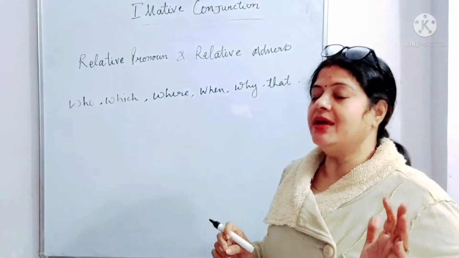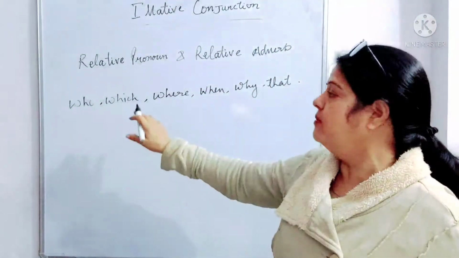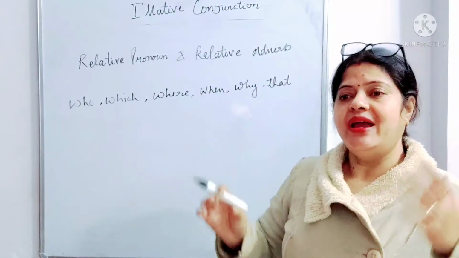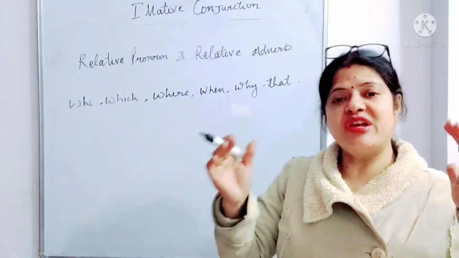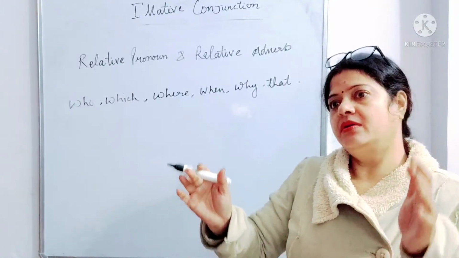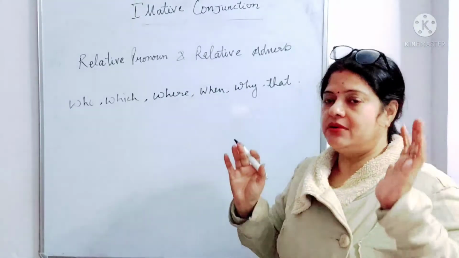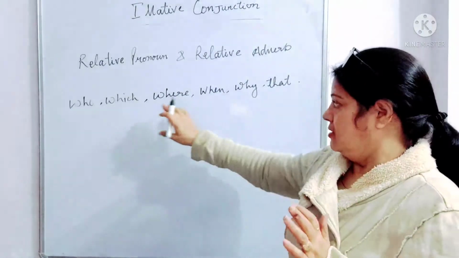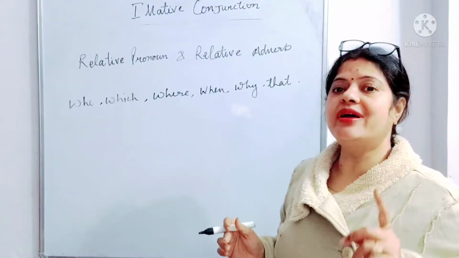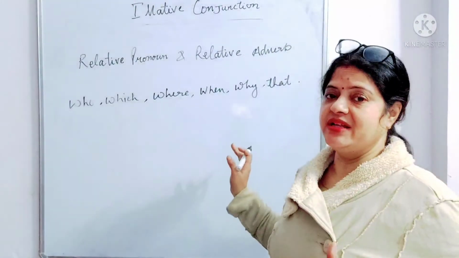Now, one thing you must remember is that when we use relative pronouns and relative adverbs, who, which, where, when, why, that, etc., in complex sentences, they are always used in a restrictive sense, and they always describe the antecedent, which is of course a noun, before it. So I am telling you how these relative pronouns and relative adverbs actually work in complex sentences, and how they work in compound sentences.